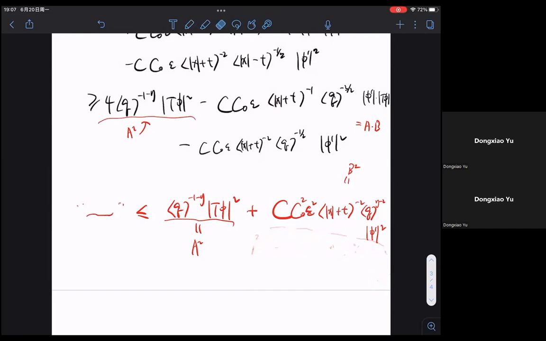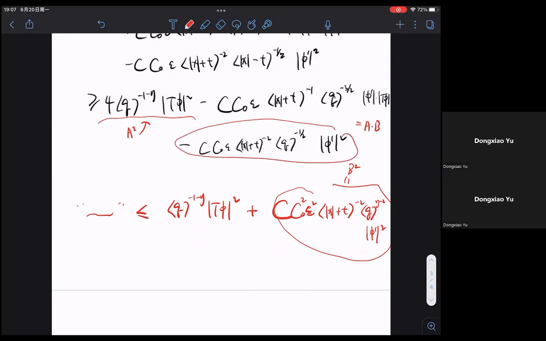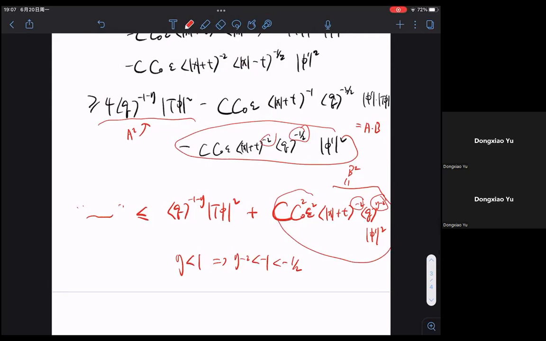If you prove this estimate, just notice that the circled part is actually controlled by this circled part, because you have -2's power, you have -1/2's power, you have eta minus 2, but eta is less than 1, so eta minus 2 is less than -1, so less than -1/2. So this tells us that this circled part would be controlled by the last term in the estimate above.